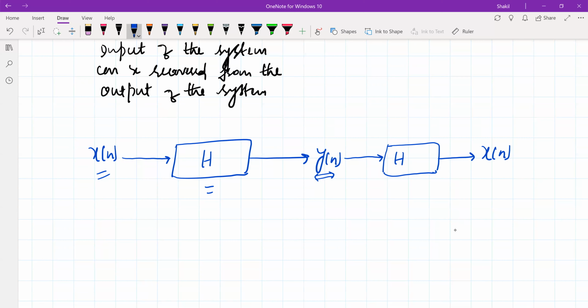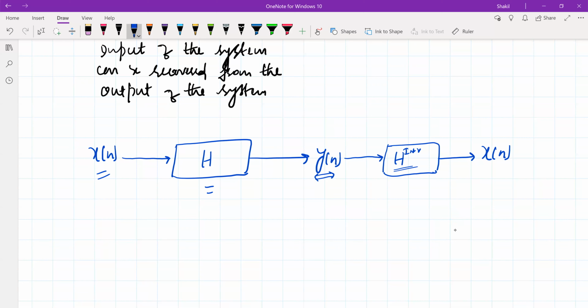This implies that there exists an inverse system that takes the output of the original system as the input and produces the input of the original system. To distinguish between the two systems, let's denote the inverse system operation by H inverse.